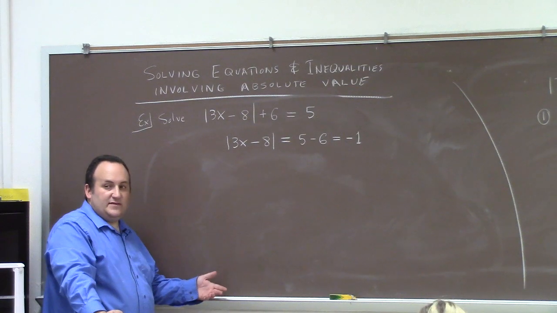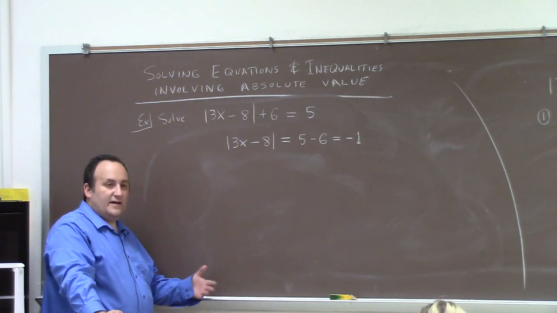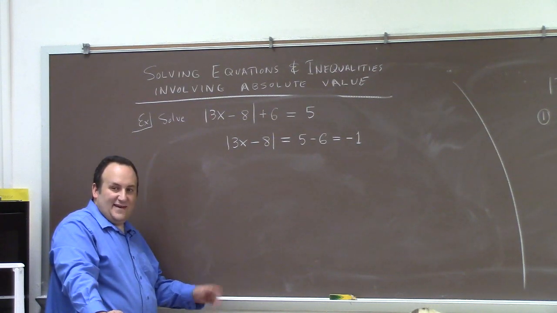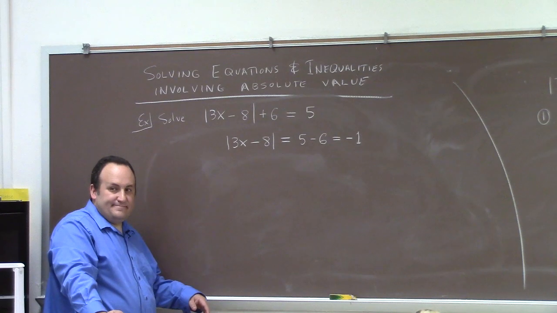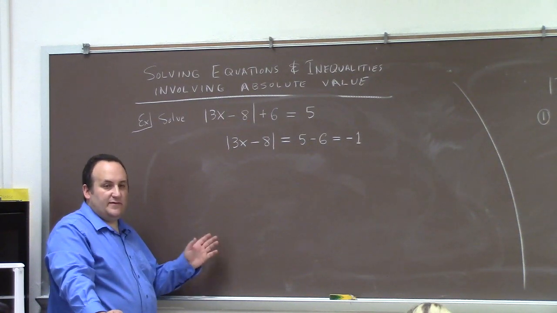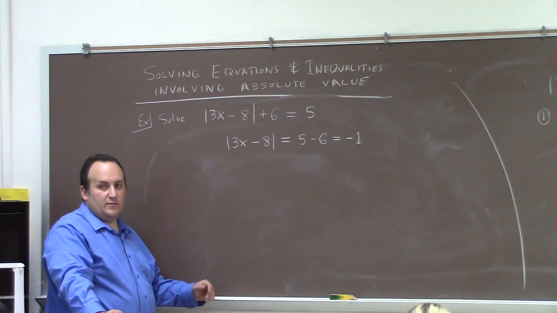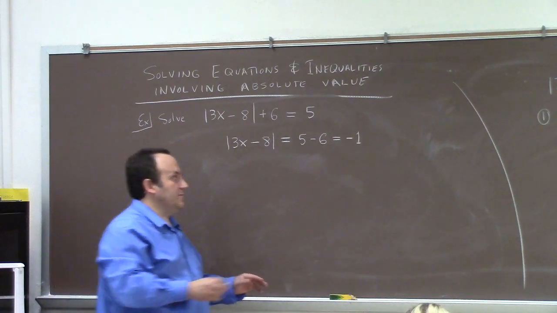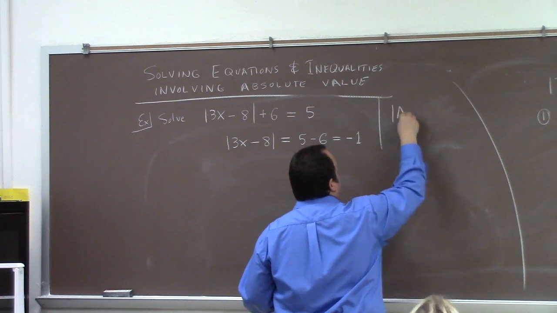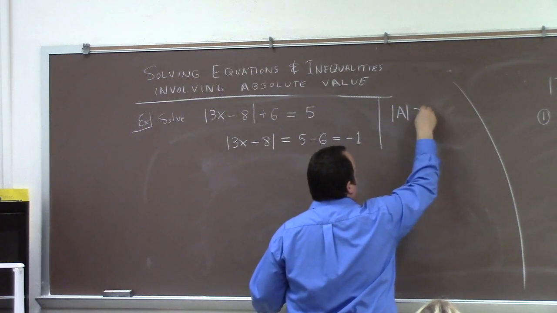Now you might be tempted to say 3x minus 8 is equal to plus or minus minus 1 and go from there, but you shouldn't do that. Why? The big difference here is that we found the absolute value is equal to a negative number. One of the key properties of absolute value is that the absolute value of A is greater than or equal to 0.